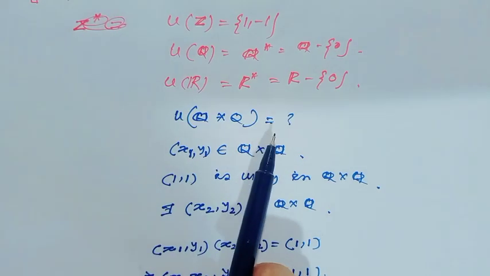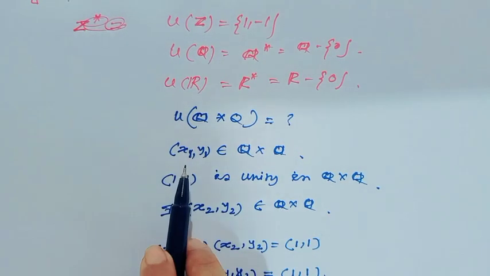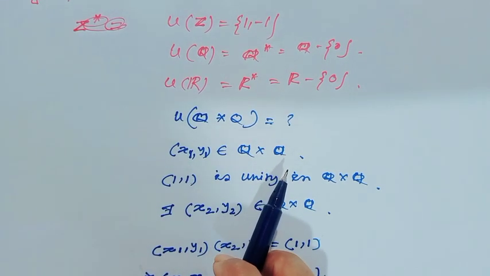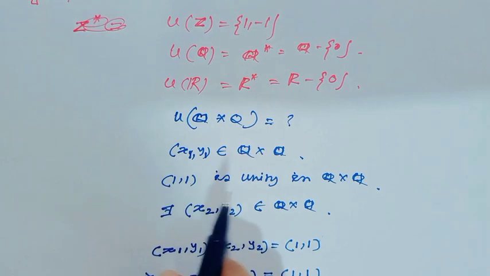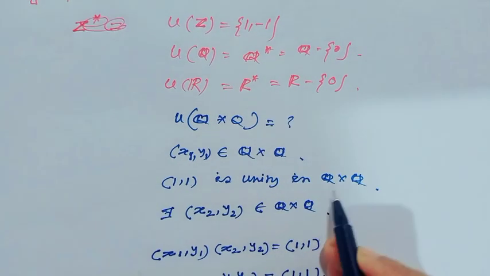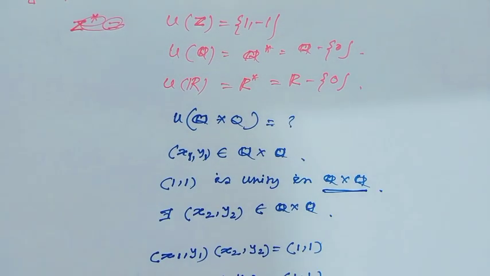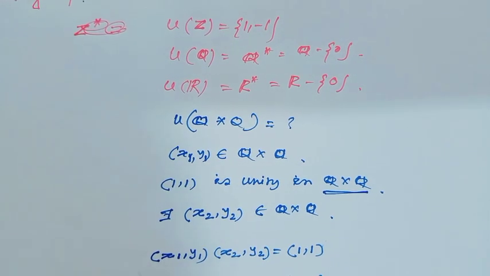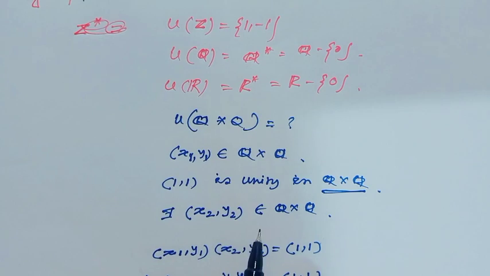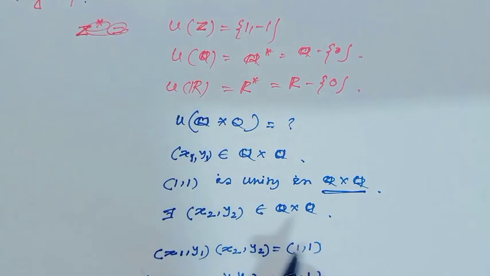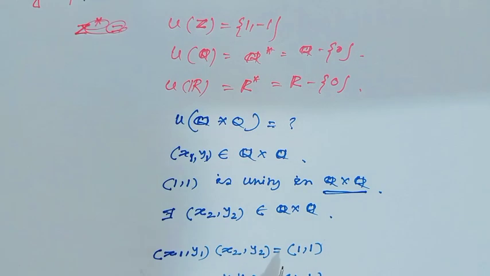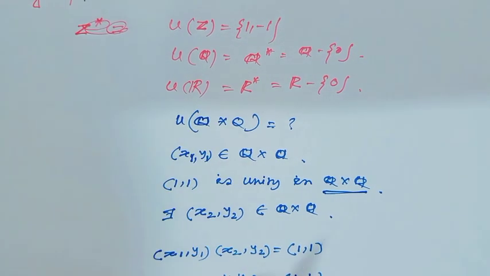What would be U(Q cross Q)? Let (x1, y1) be an arbitrary element of Q cross Q, and (1, 1) is the unity in Q cross Q. Then by the definition of a unit, there exists (x2, y2) in Q cross Q such that (x1, y1) times (x2, y2) equals (1, 1).